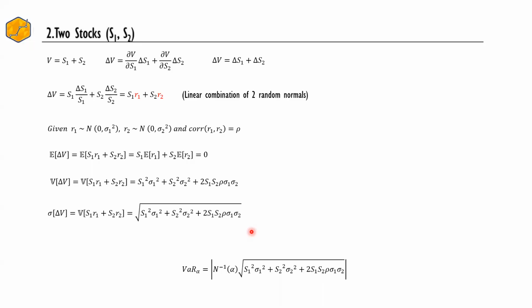To answer your question, it will not help, but still value at risk is very much useful because you still have to calculate value at risk for backtesting purposes. For regulatory capital, you have to use expected shortfall, but for backtesting, you still have to calculate value at risk.